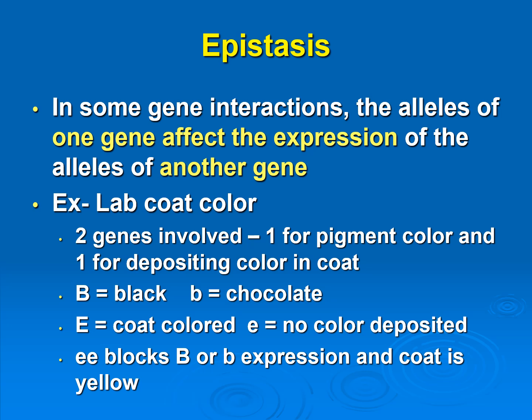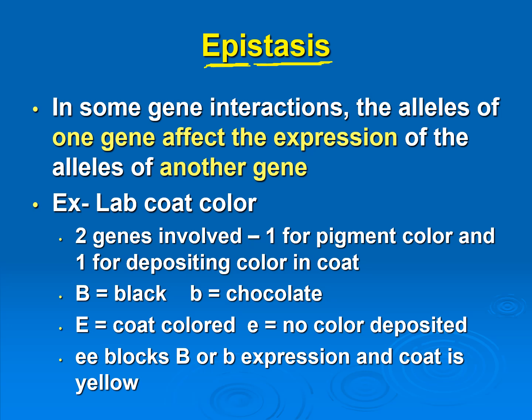So the word epistasis is kind of a funny word. So if we just look at the word epistasis, epi means upon or above, and stasis means to stand. So it literally means that one gene is going to stand on top of the other, or one gene is going to affect the expression of another gene. So a really good example of this is in Labrador retrievers.